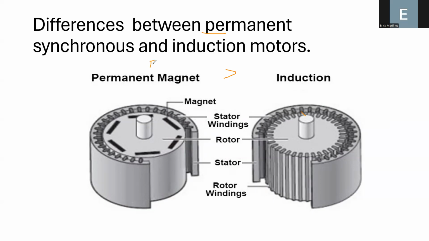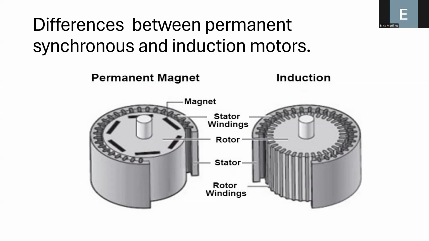They have a higher efficiency, and the use of a permanent magnet synchronous motor also translates into a higher price, because we need to use permanent magnets in the rotor. It's very difficult to extract these magnets from the earth, so that's why they have higher costs. So that is the main difference between permanent magnet synchronous motors and induction motors.